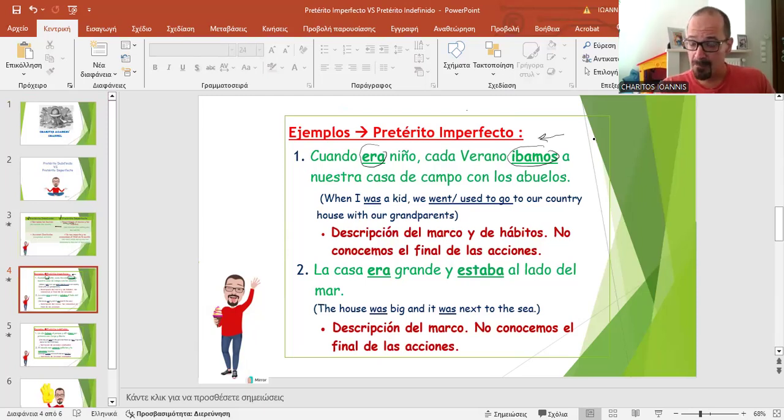Descripción del marco, which means description of the setting, y de hábitos, and habits. Why? Because what we used to do, it was our habit. And of course, no conocemos el final de las acciones. We don't feel that the actions finished at some time, at some point. Cuando era niño, todo este periodo. Cada verano íbamos, cada verano. No hay el final. I can't feel the end.